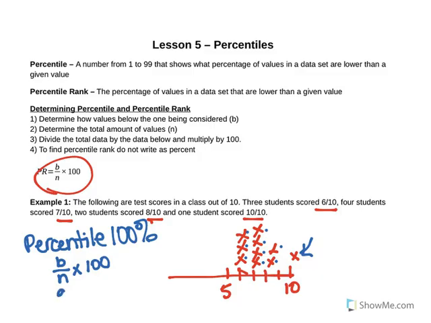Our B value is 9 because there are 9 people below you. The total number of students that took the test is 10. Divide those and times by 100, and you would get 90%. So that would mean that you're in the 90th percentile.